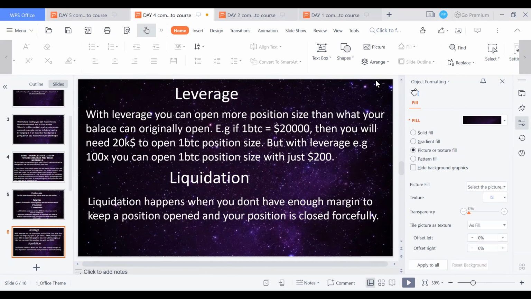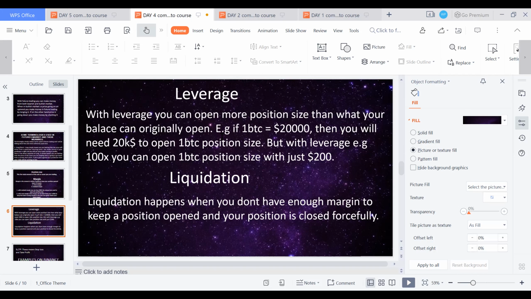We are running out of time. Okay. So now let's talk about leverage. With leverage, you can open more position size than what your balance can originally open. That is leverage.